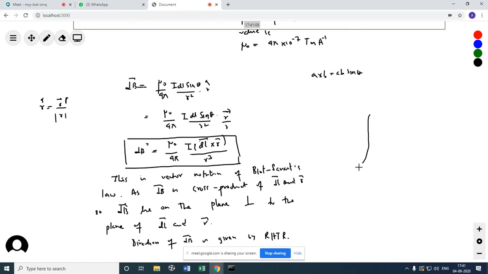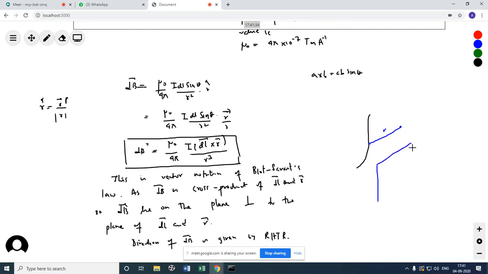So if this is our wire, and this was our r vector. So r vector is in which plane? Probably the plane of dl and r.